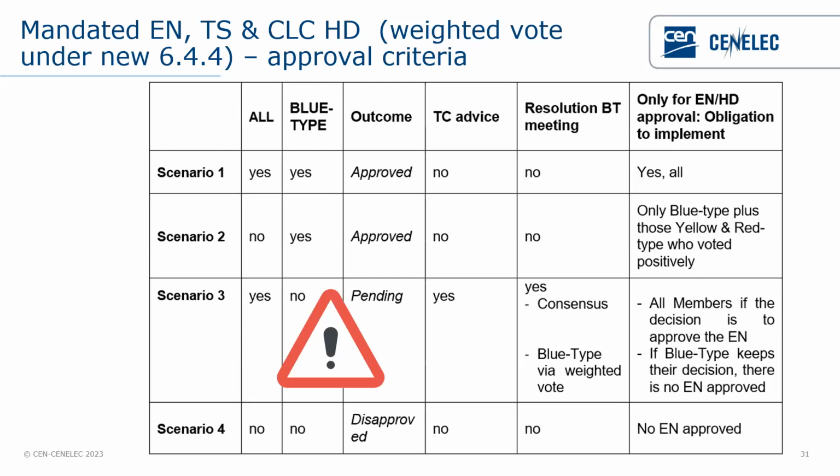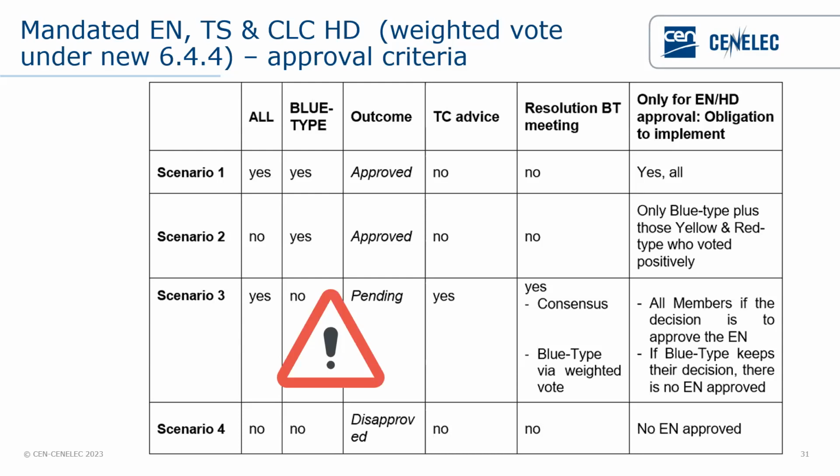Then scenario number 2. The counting with all members provided a negative result. The counting with the blue tie members provided a positive result, then it is approved. Please note that there is no difference with the current rules.